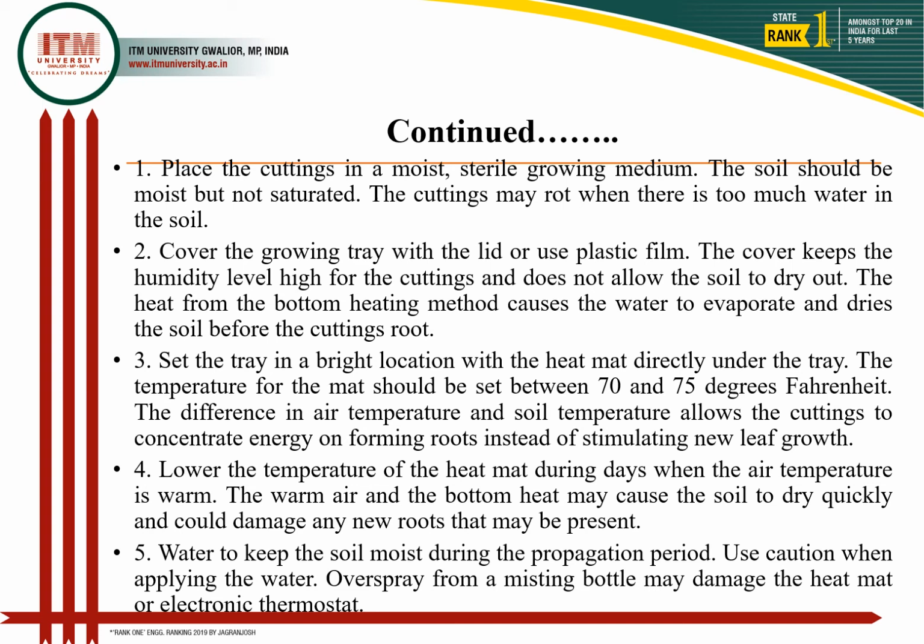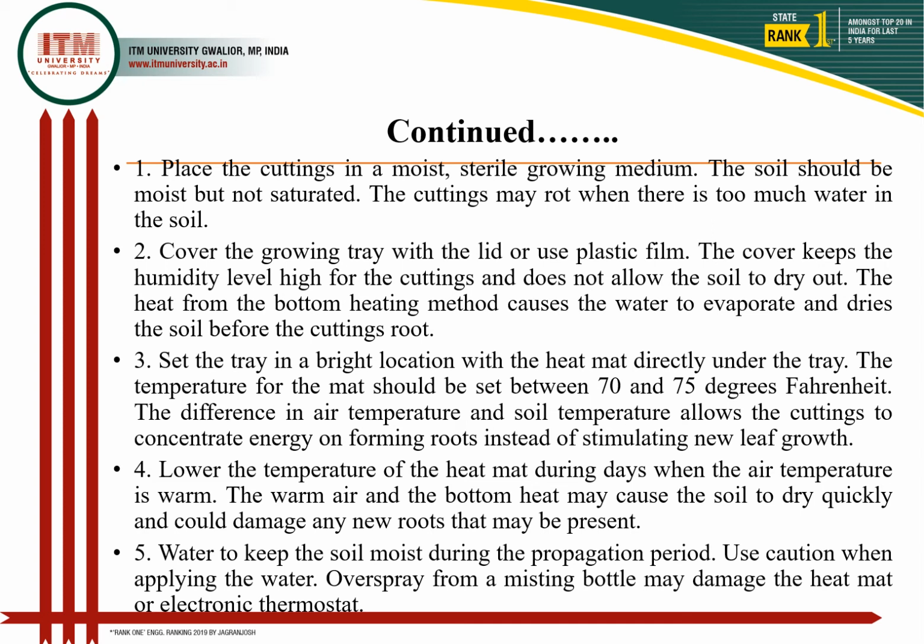What points need to be taken care of? Place the cuttings in moist, sterile growing media, which means the soil should be sterilized properly. There should not be any contamination. It should be provided with some moisture, but not so saturated that it is going to create rotting in the cuttings.